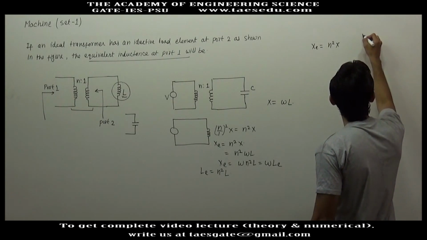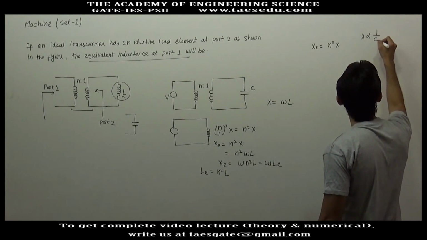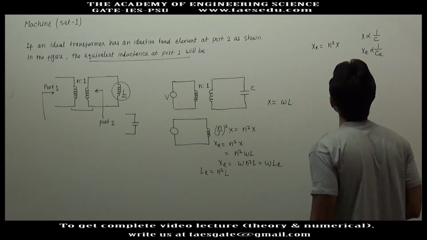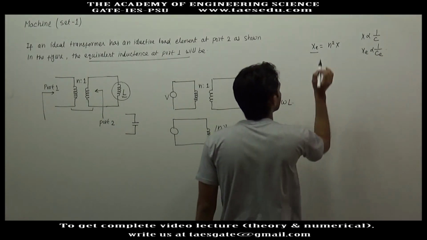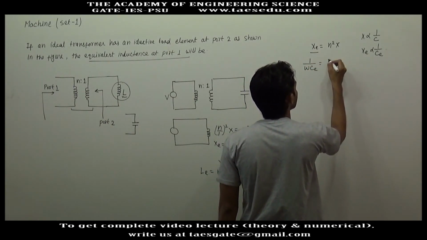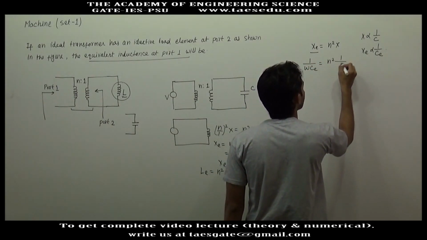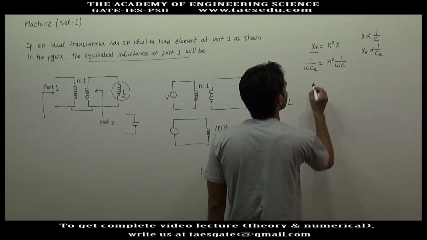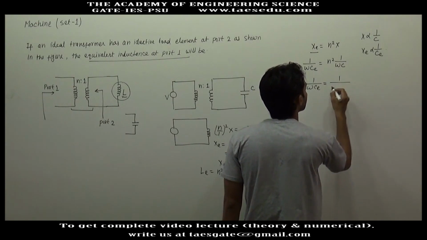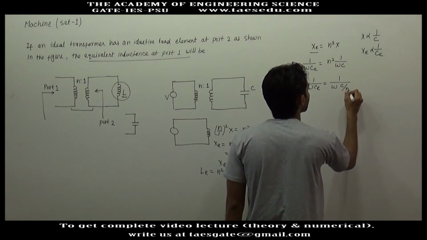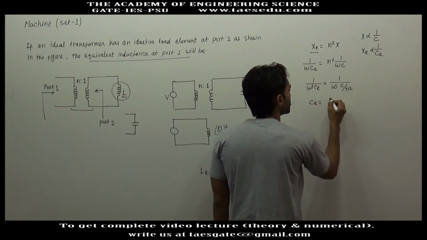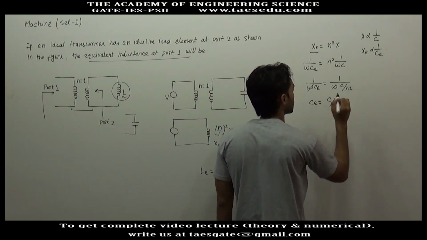But X is inversely proportional to C. X equivalent is also inversely proportional to C equivalent. X equivalent can be written as 1 by omega C equivalent. This will be n square into 1 by omega C. So 1 by omega C equivalent is 1 by omega C by n square. Omega is cancelled. C equivalent will be C divided by n square.